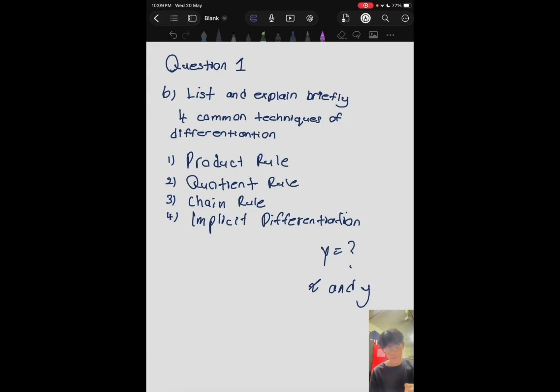When that happens, we differentiate both sides with respect to x, term by term. The golden rule to remember is that when we differentiate a term containing y, we must attach a dy over dx right next to it because of the chain rule. Once that is done, we simply rearrange the terms to isolate and solve for dy over dx. That is for question 1B.